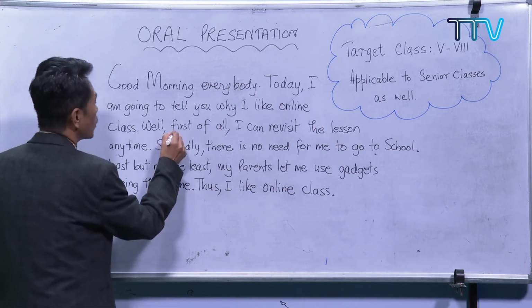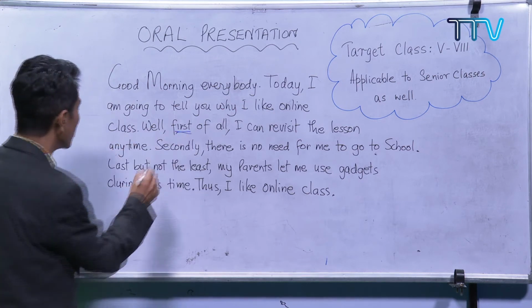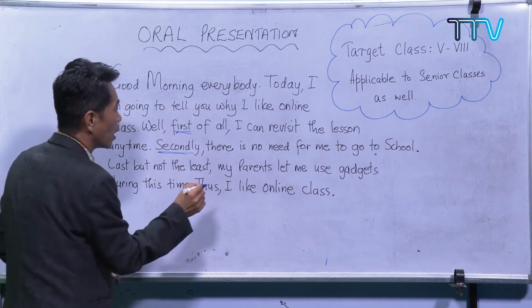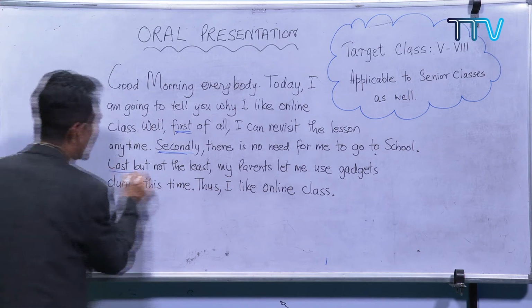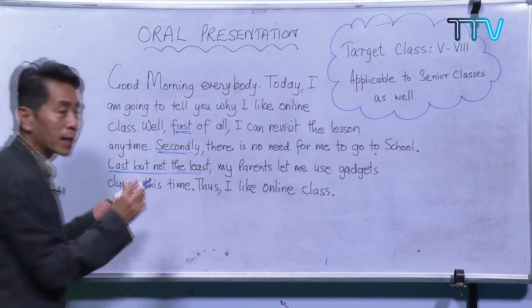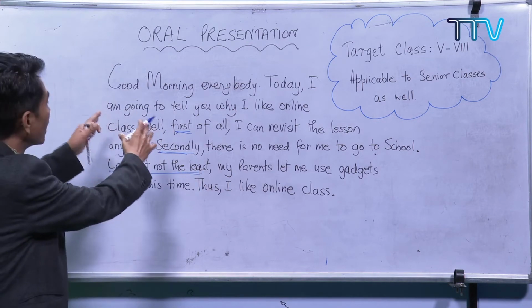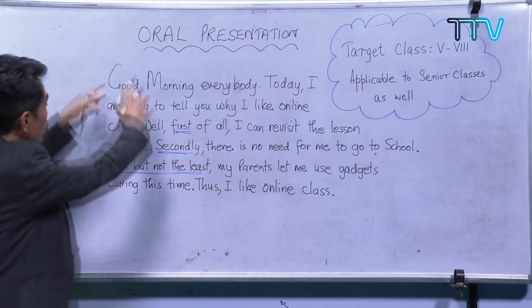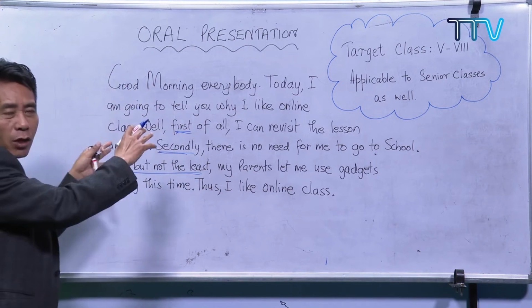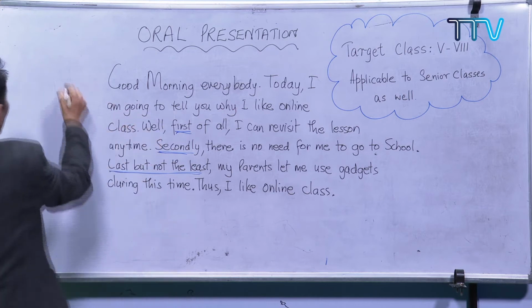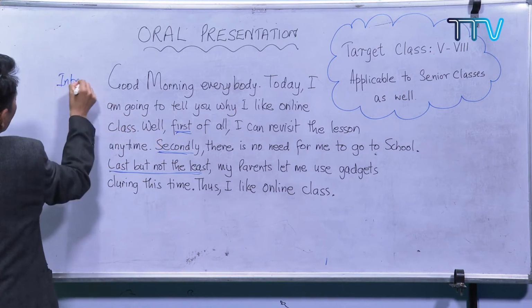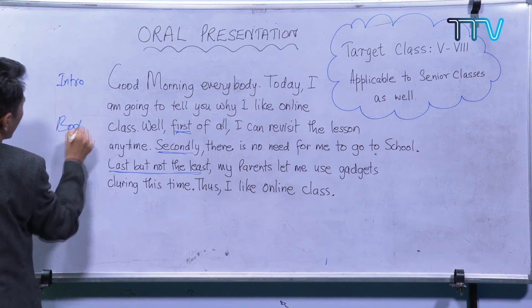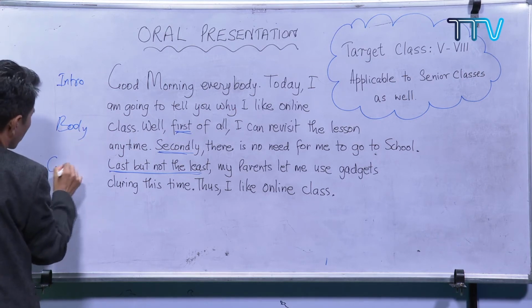Second, you will be very familiar with the main structure of how the paragraph looks. You have the introduction, the body, and the conclusion.